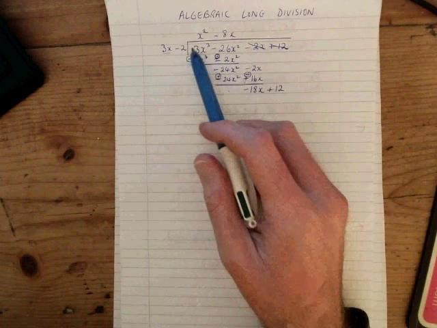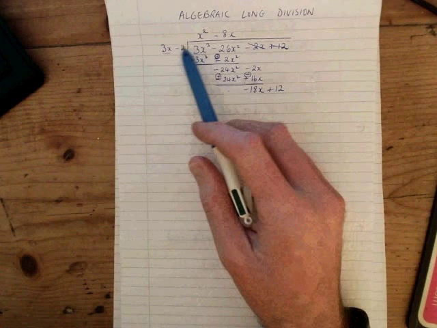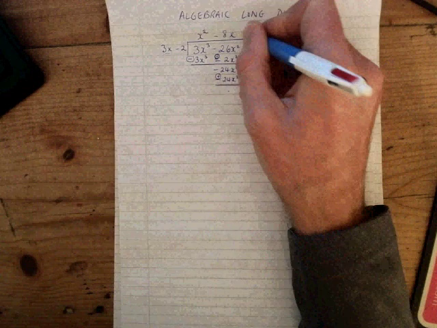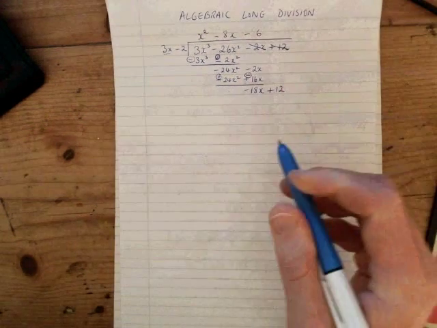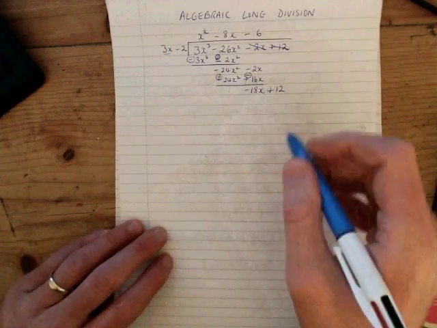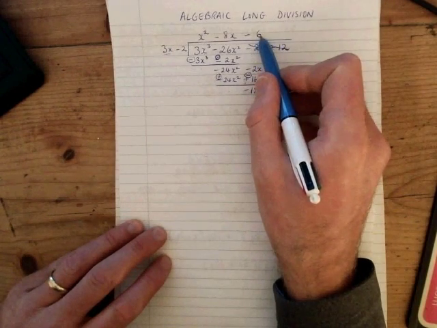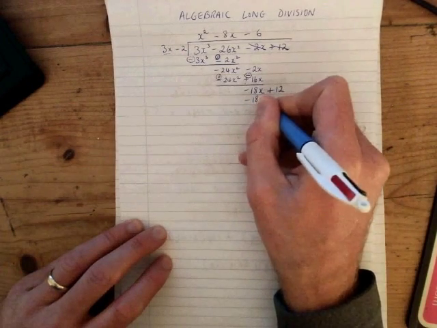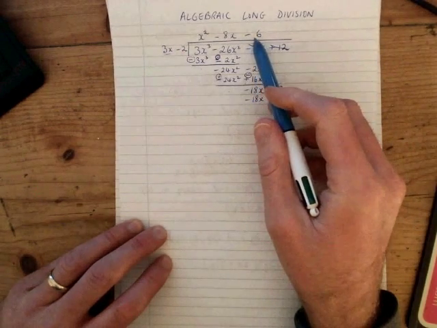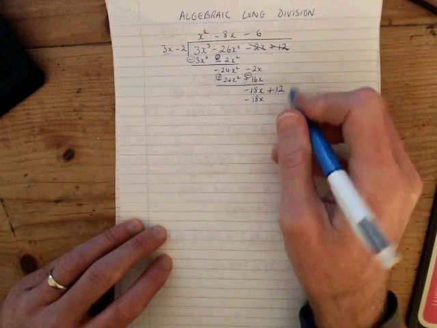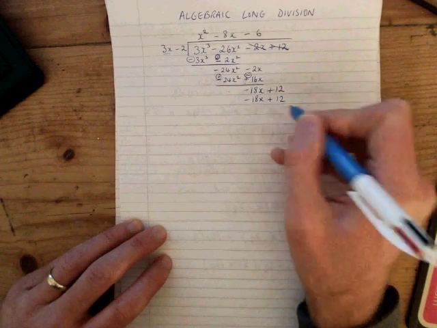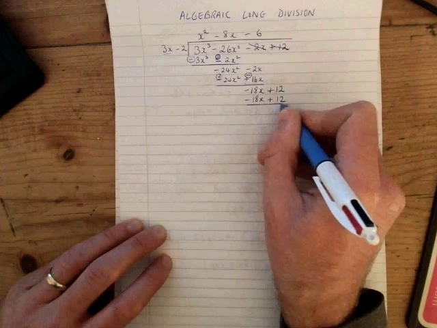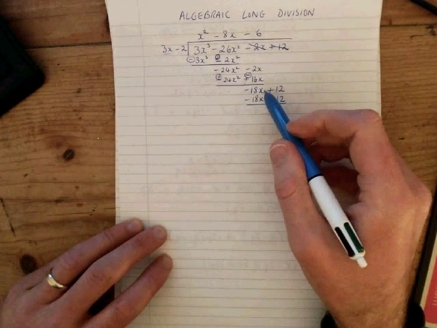Then again, like before, we bring down the next term, which is the last term, plus 12, and we go back to the start again. 3x divides into this minus 6 times. Then as before, we take the minus 6 and multiply it by 3x, which is minus 18x, as we expected. Minus 6 by minus 2 is plus 12. We create a sum.